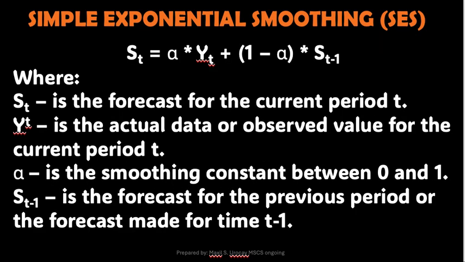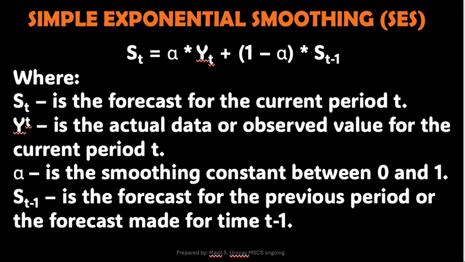Simple exponential smoothing uses this formula: S t equals alpha times y of t, plus (1 minus alpha) times S t minus 1. When we see S t, that is the forecast for the current period. Say, for example, you're forecasting 2024, that is the data that you're forecasting.